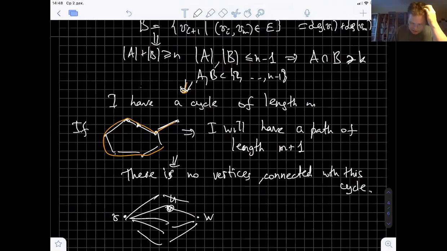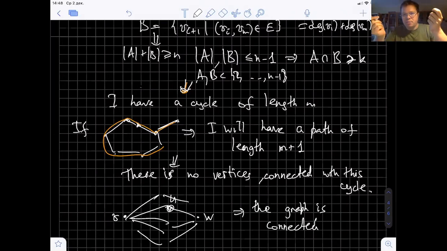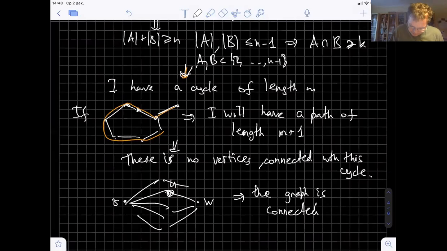So the graph is connected. And so it means that there are no other vertices, because I already built a cycle and there cannot be any other vertices connected to the cycle. And since my graph is connected, I just proved that I have a cycle containing all the vertices. So it is a Hamiltonian graph.